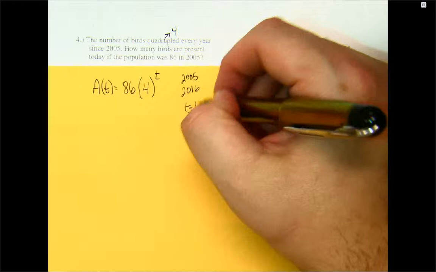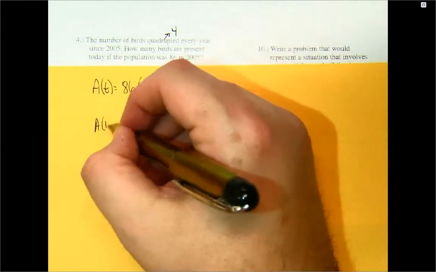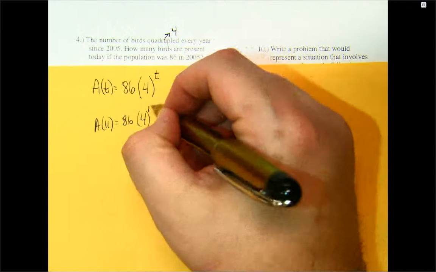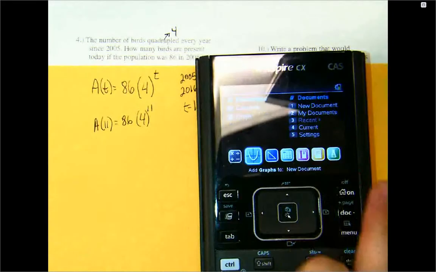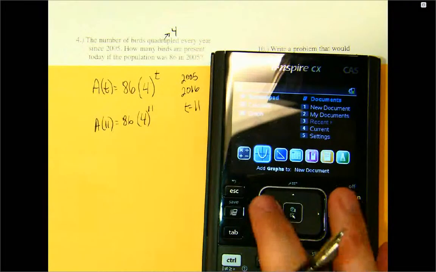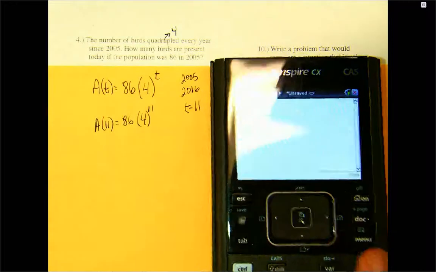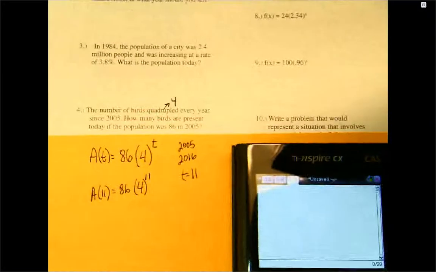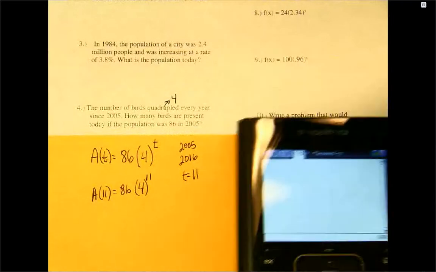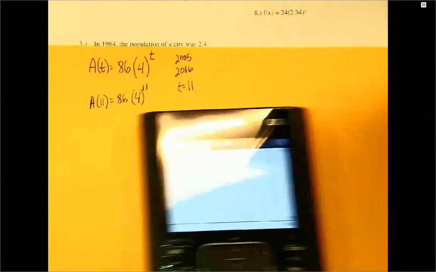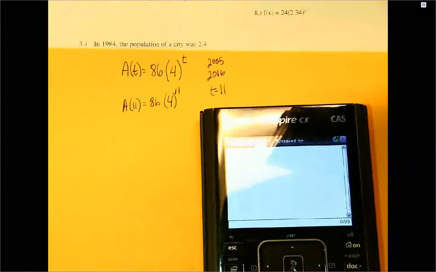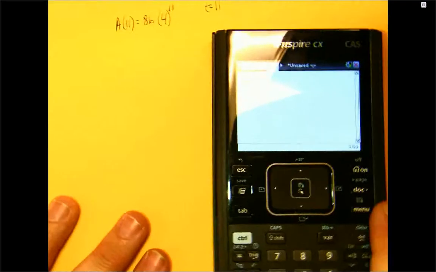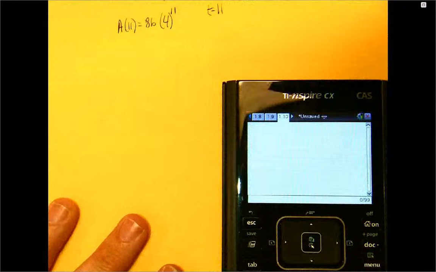is 86 times 4 to the 11th power, which I have a feeling is going to be a very big number. Come on. There we go. I found a happy place for the calculator.